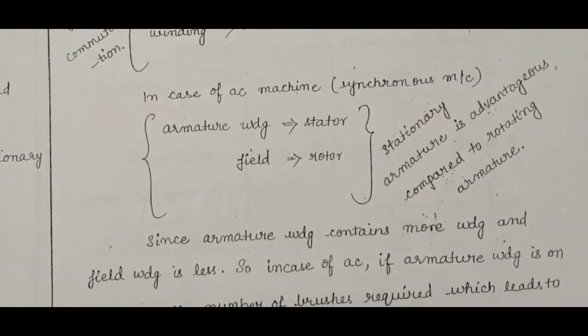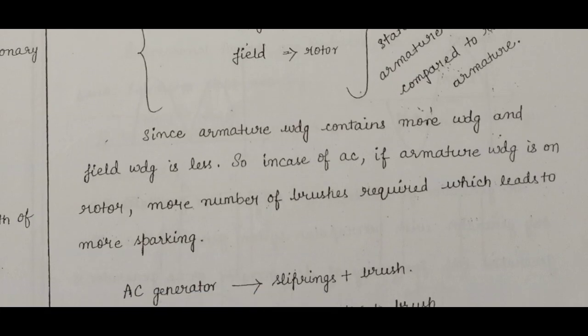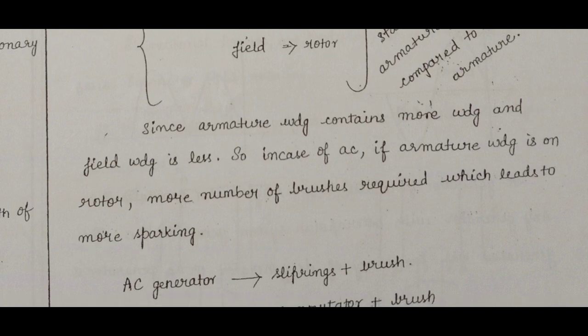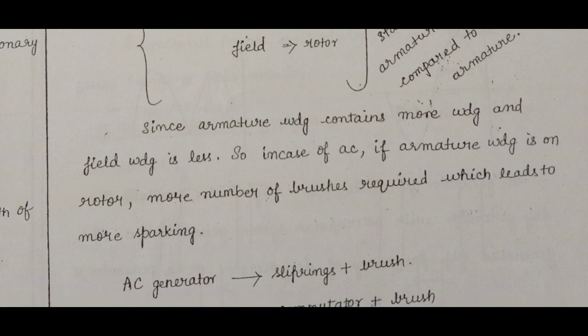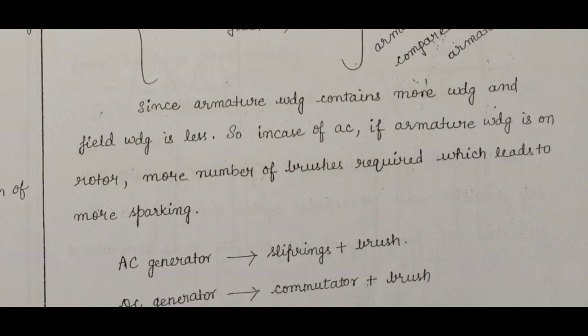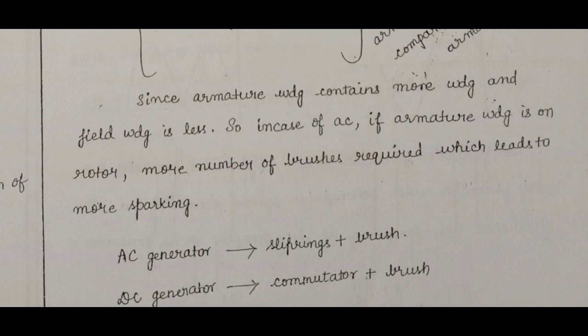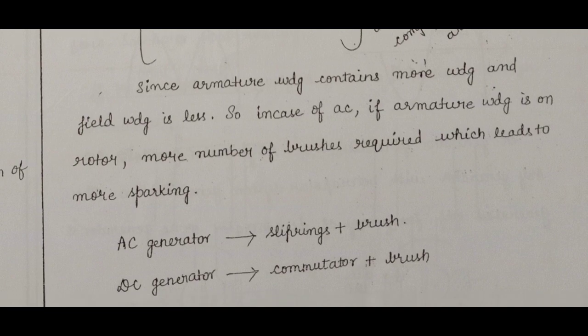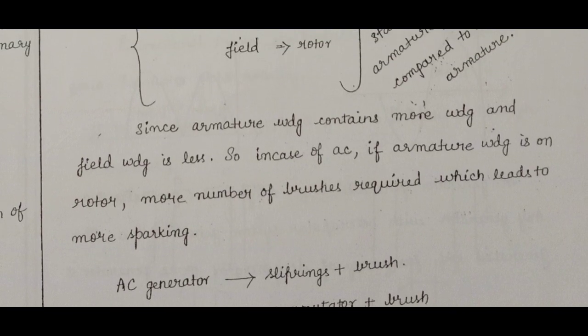Because the armature winding is a high power circuit, the insulation levels are maintained at a good level if it is on the stator. Since the armature contains more winding and the field winding is less, if the armature winding is on the rotor, a larger number of brushes is required, which leads to more sparking. So this is also one of the reasons.